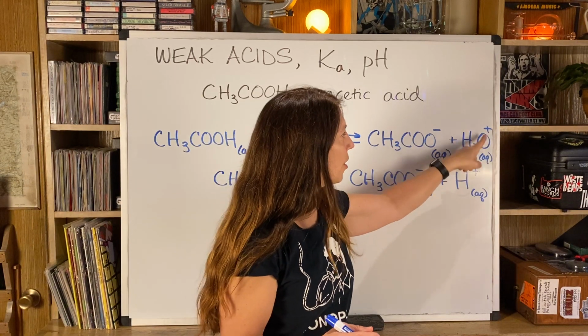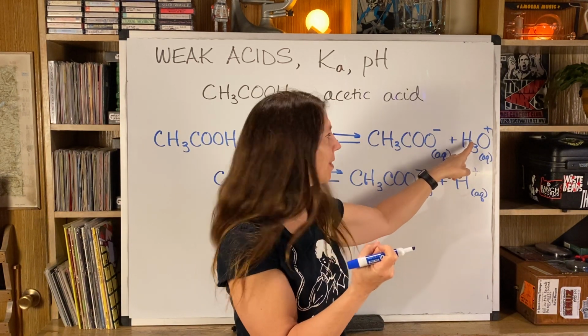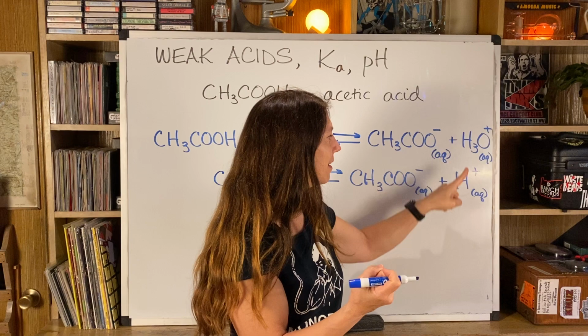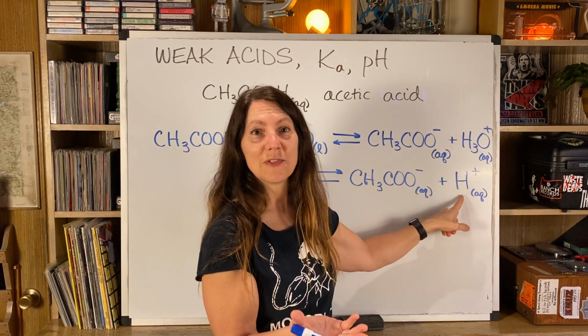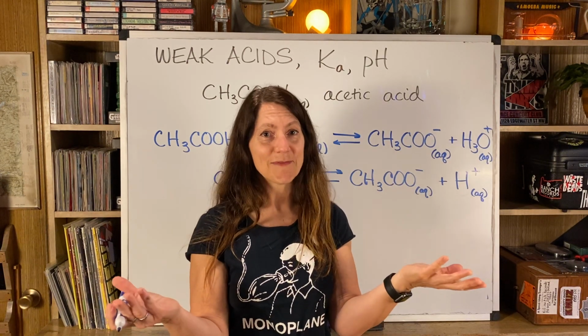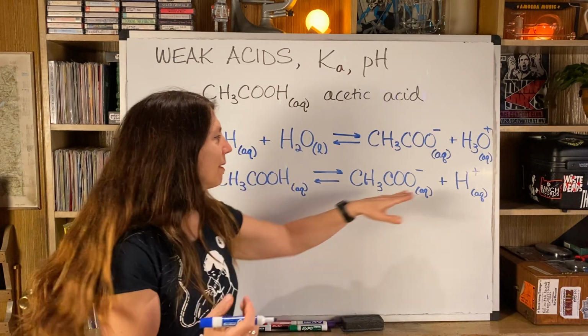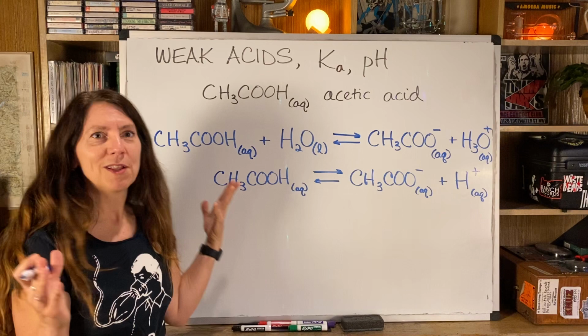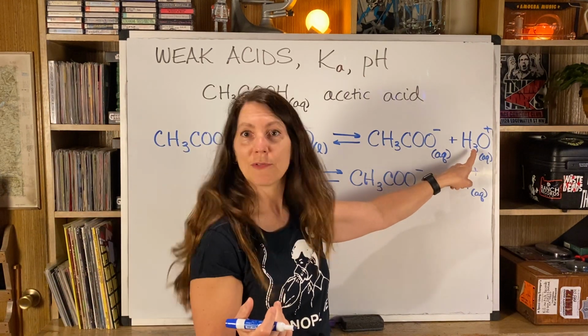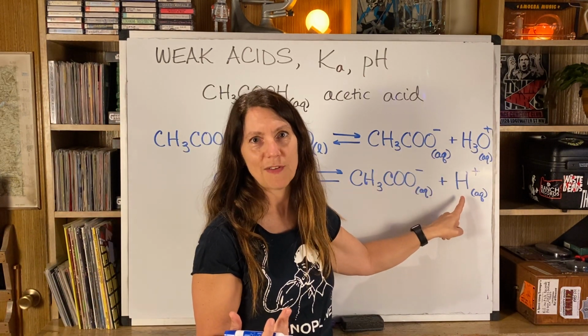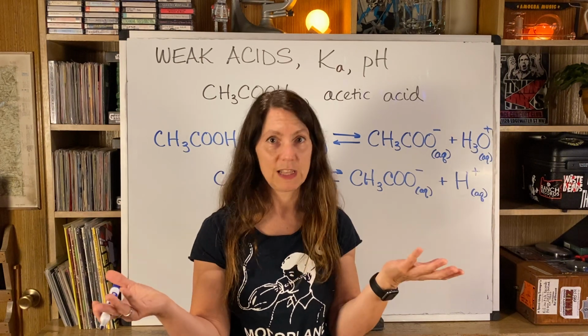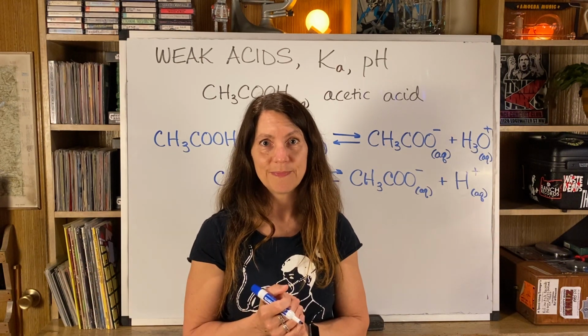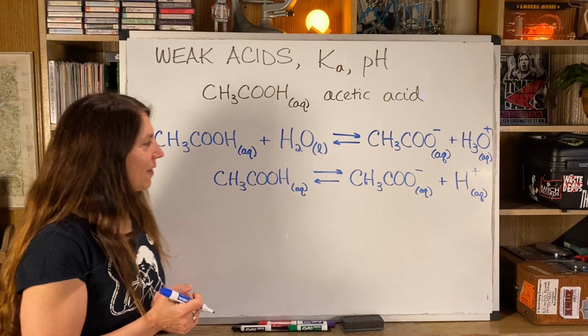The H2O has gained an H+ over here to make the hydronium ion, but it turns out just showing H+, it really does work. So I'm going to be using this convention from now on, but don't be alarmed if you ever do see H3O+ in place of H+ in any kind of calculations in other places.